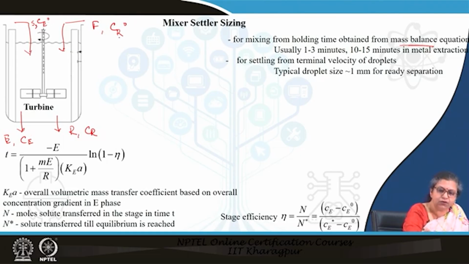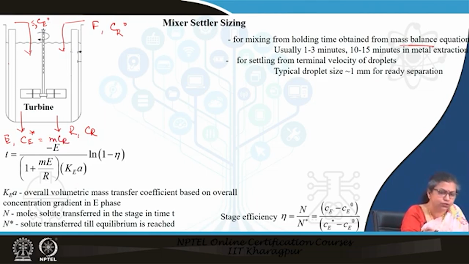In the raffinate, the concentration changes from Cr0 to Cr, and generally this Ce is in equilibrium with Cr. So if we can assume a linear equilibrium curve, under that condition C star will be equal to M Cr.